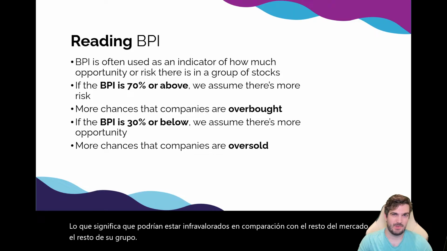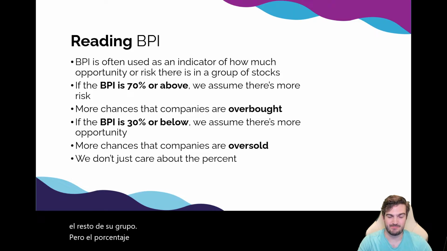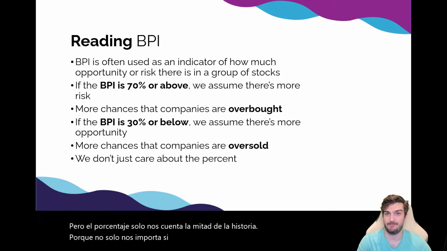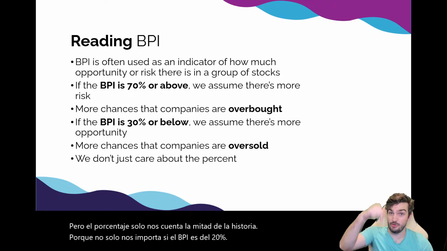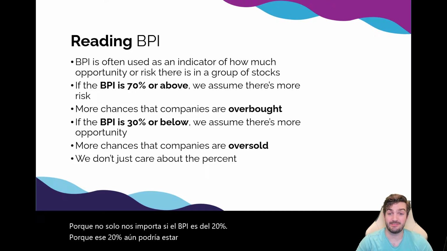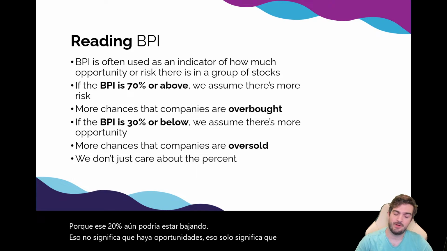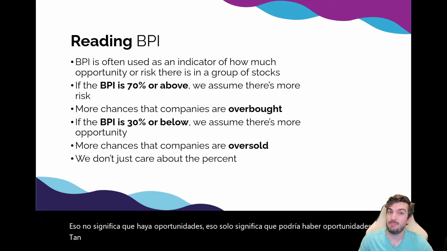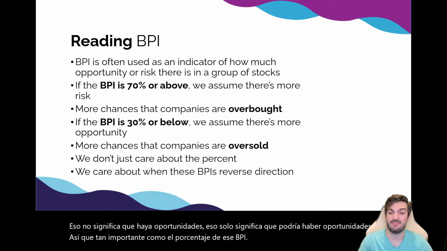But percent only tells us half of the story. Because we don't just care if the BPI is 20%, because that 20% could still be going down. That doesn't mean that there's opportunity. That just means there could be opportunity. So just as important as the percent of that BPI is its direction.